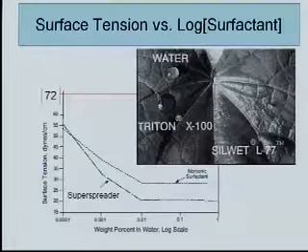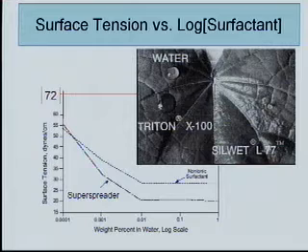What I'm going to be talking about today is these things called super spreading surfactants, which spread orders of magnitude more than normal surfactants. What you see here is a picture of a leaf. On the top is a droplet of water. Right below it is Triton X100, which is just a generic surfactant.